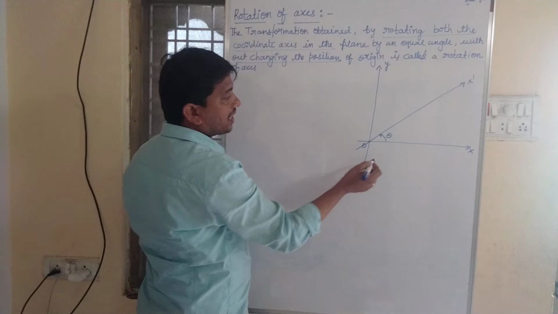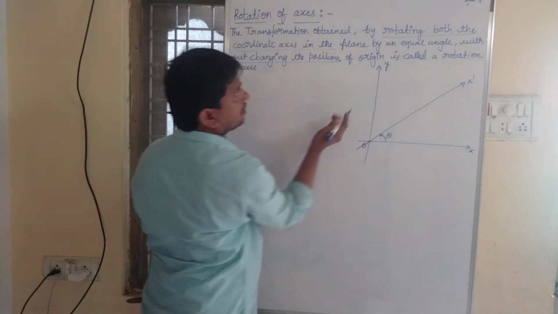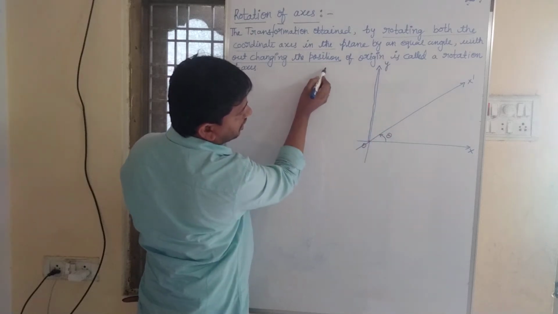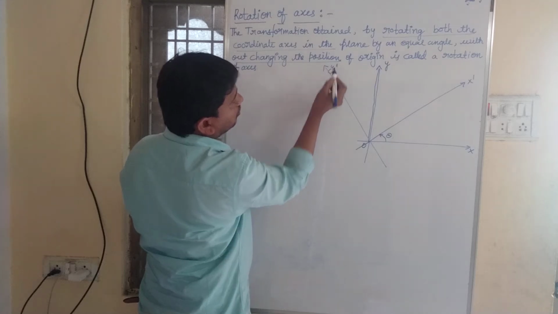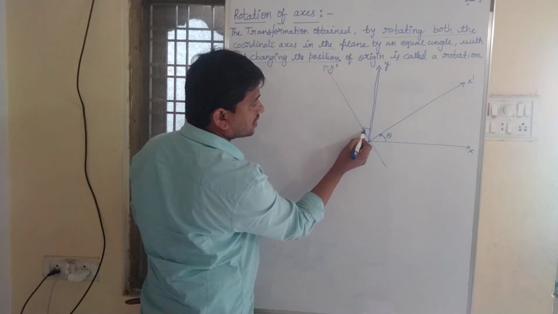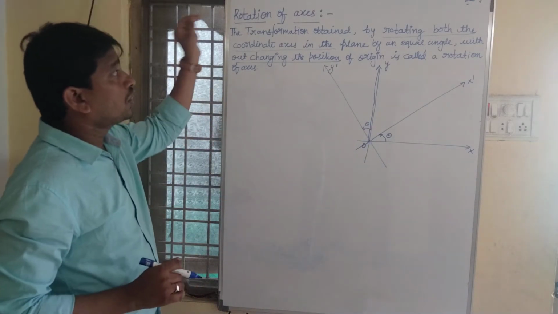Similarly, they said both the axes. So this is our OY. Let us rotate the axis OY with a certain angle. So this is our OY dash, with a certain angle, that is theta. Is it clear? So that is called rotation of axis.